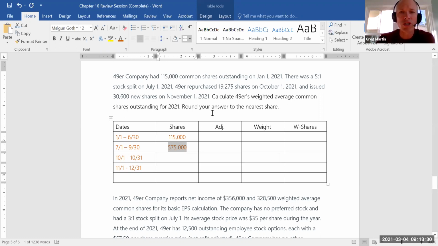Now there's a repurchase of 19,275. So now the physical number of shares outstanding drops to 555,725 shares. And then finally, we issue another 30,600 shares. So the physical number of shares jumps up to 586,325 shares.